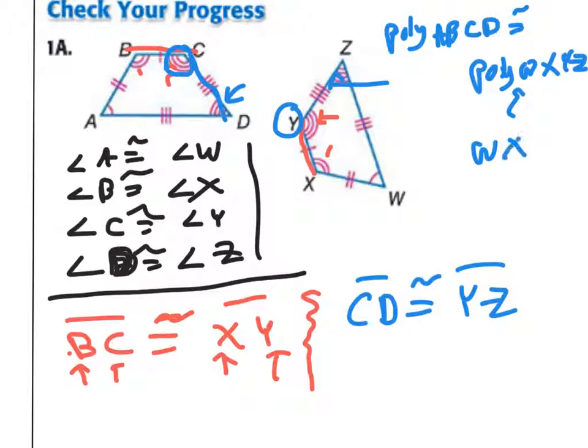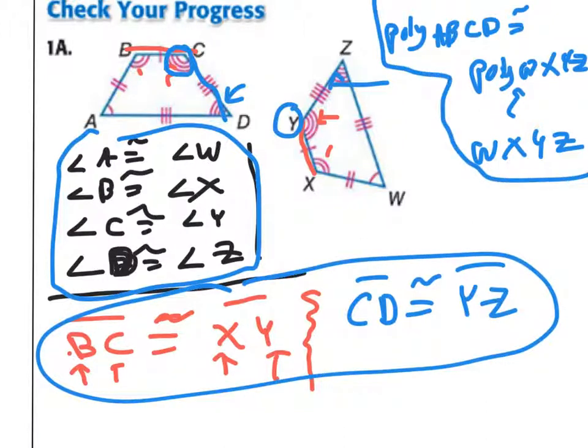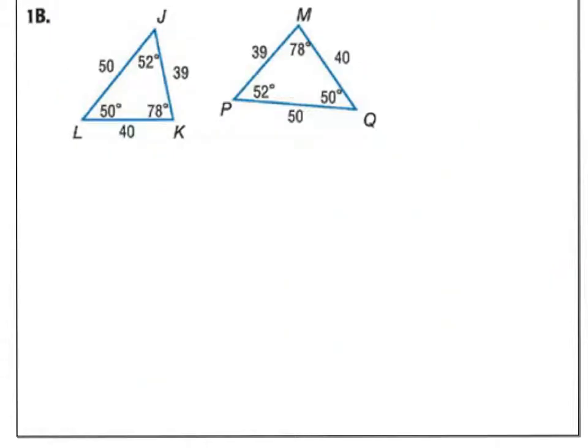W, X, Y, Z. So when you write congruent statements, one of the pieces is angles, one of the pieces is your listing of sides, and one of your pieces is the complete, utter whole polygon or whole shape.